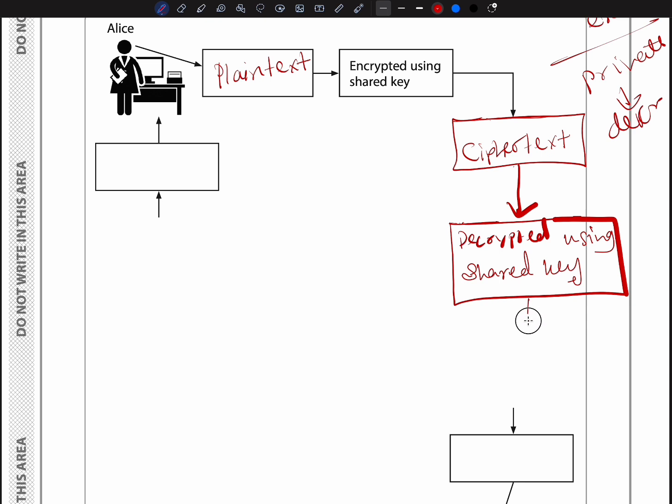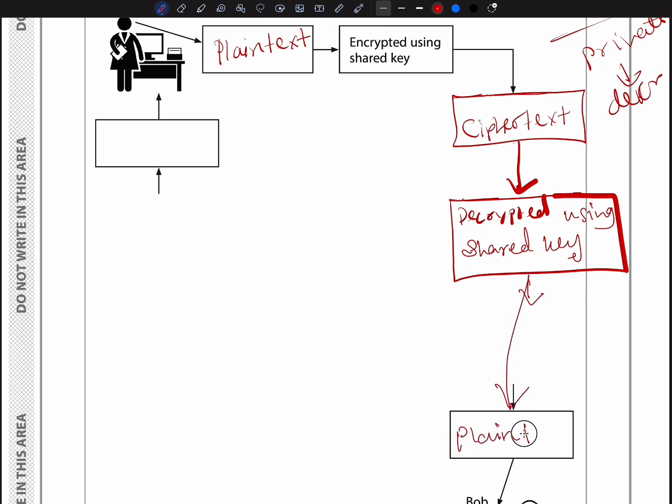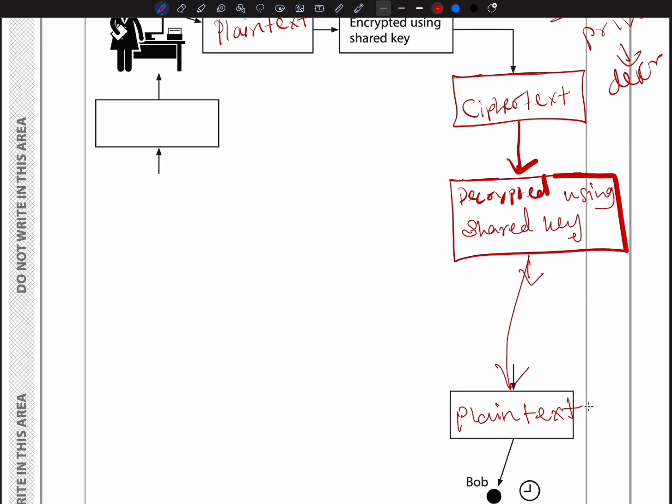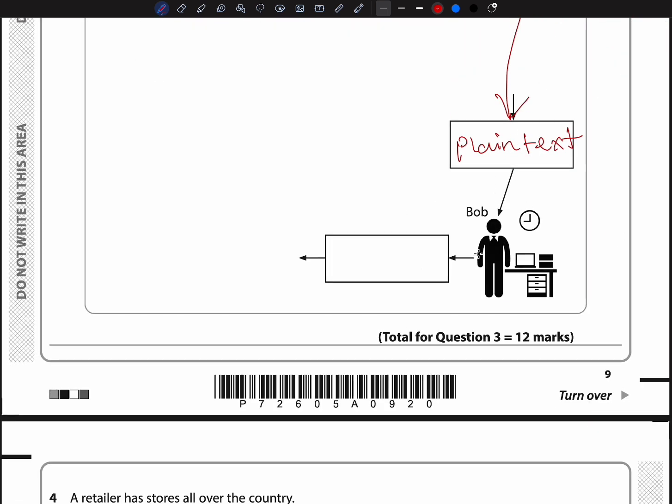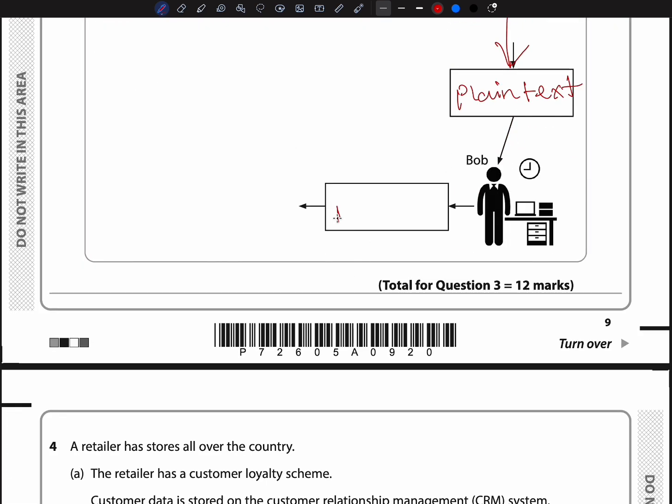When it is decrypted, after that it is converted to plain text. So now it is plain text, right? Oh, sorry, it is already there. So the arrow will be connected to here, and this one will be plain text. Okay. Now Bob gets the message. After that, Bob will send the message to Alice. So the first format of the text will be plain text.